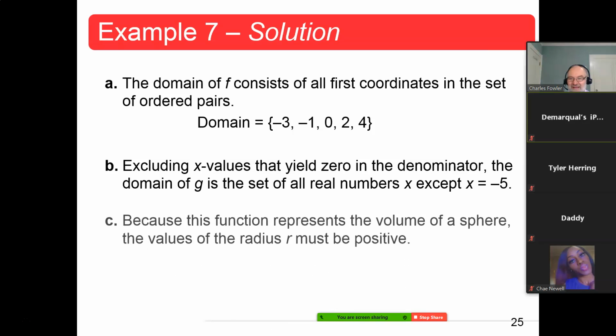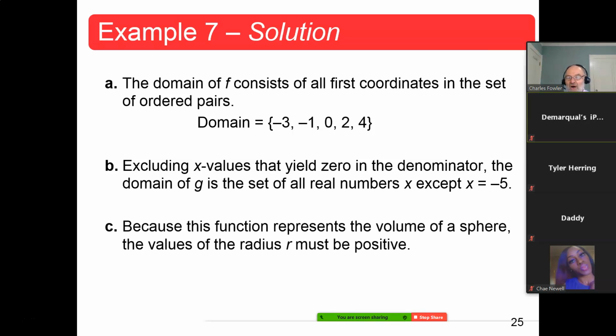Okay. The C, because that function represents a physical entity, the volume of a sphere, the values of the radius must be positive. You can't have a sphere with no radius. That would be empty air. Okay, you can't have a negative radius. I can't even imagine what that would look like.